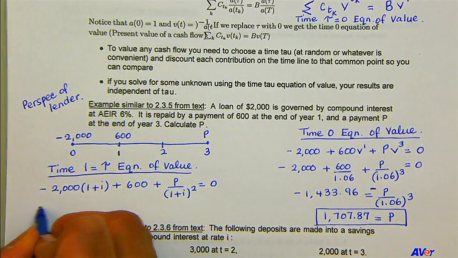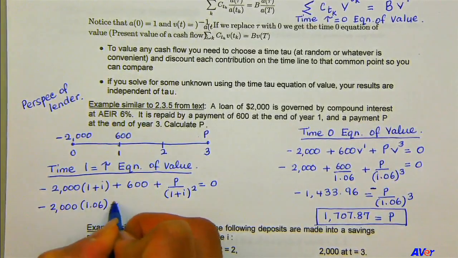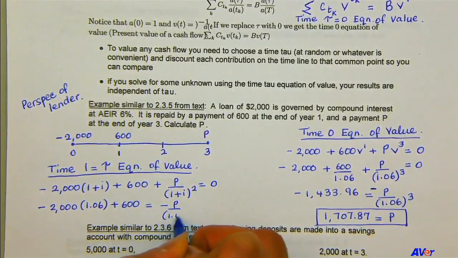Does this make sense? And then clean it up. So minus 2,000 times 1.06 plus 600 equals negative P over 1.06 squared.